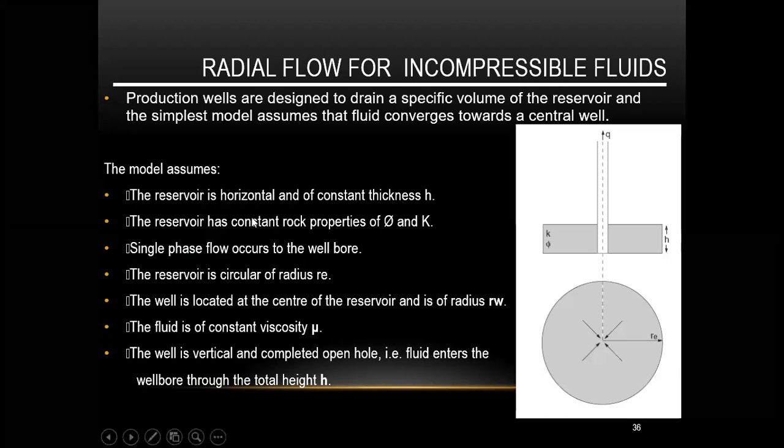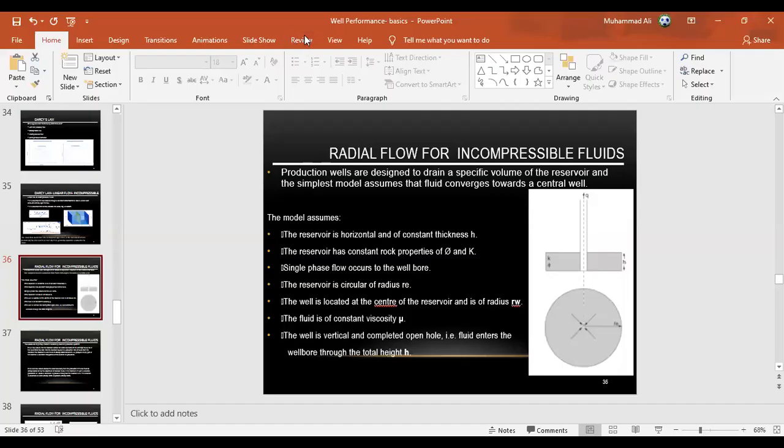The reservoir is horizontal and at constant thickness. It means the thickness here is constant, it doesn't change. In reality, this does not apply. In reality, the reservoir may look like this.